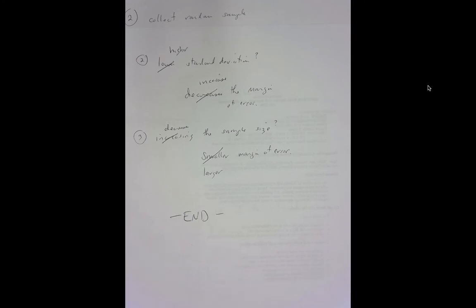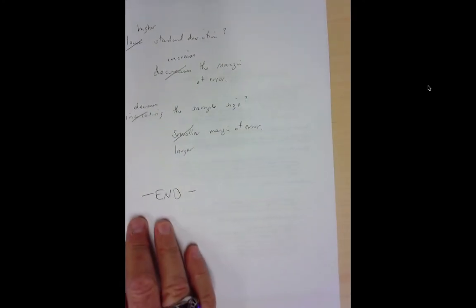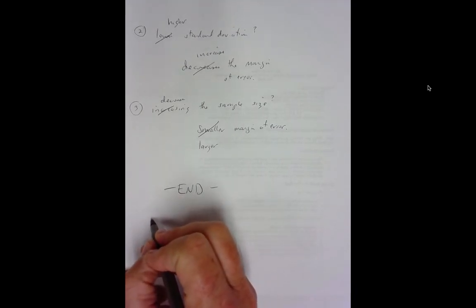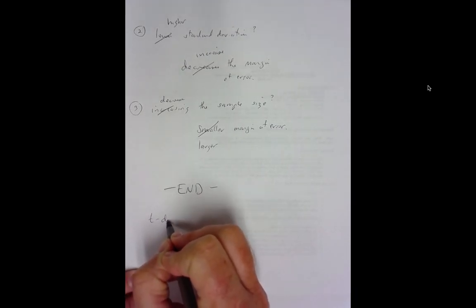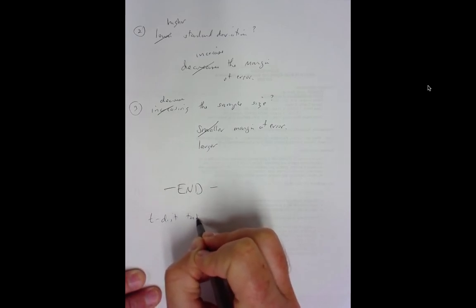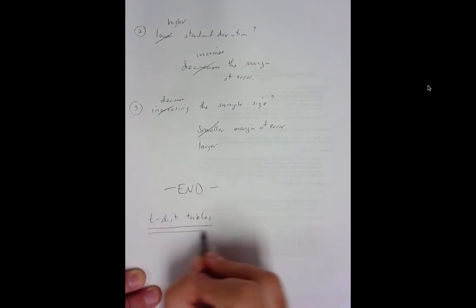Oh, one more thing, just for clarity on your assignment. Some of your assignments will talk about looking at a t-distribution table. I don't teach tables. I think tables are kind of like taking a horse and buggy. If you want to go to Columbus this weekend, you're not going to take a horse and buggy, you're going to jump in your car.